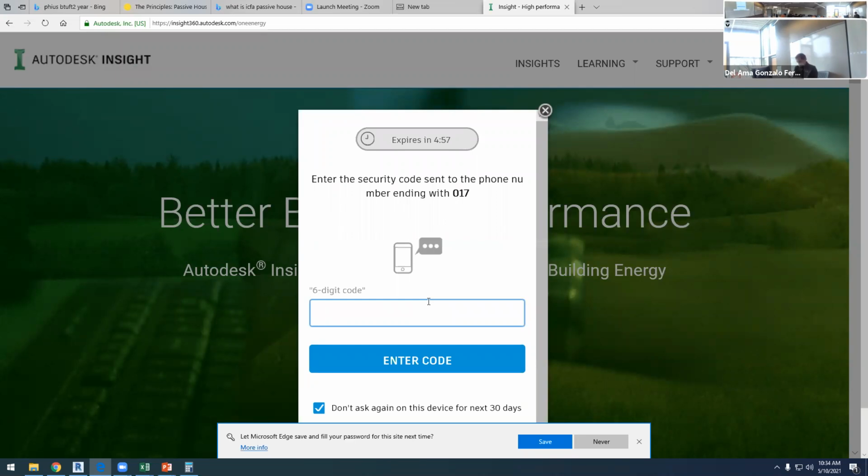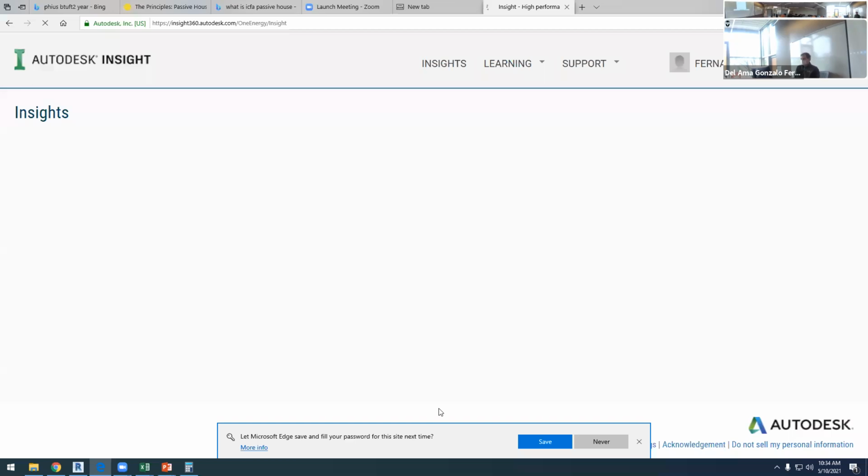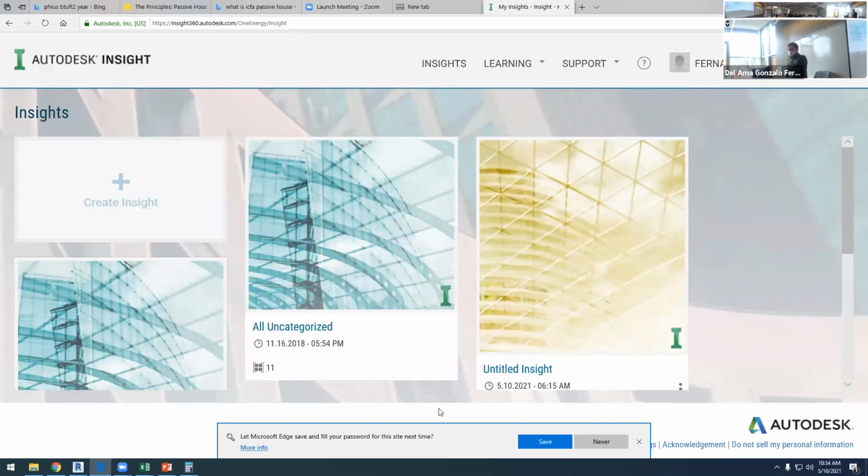Now I receive a digit code. Okay, now I am in my Insight.